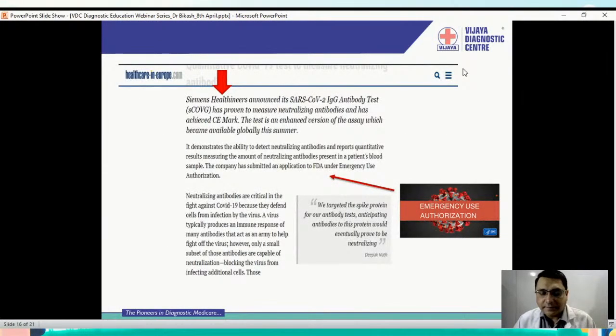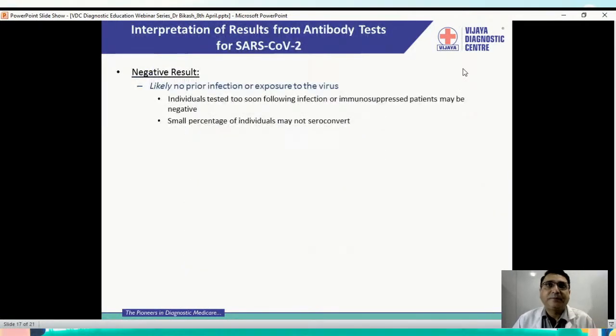Developing a good assay normally takes quite a while, but because of the pandemic status right now, the US FDA has given emergency use authorization first to certain multinational companies to have their assays run in laboratories for the detection of these antibodies. In the USA, the FDA is the authority. Even in India, the local authorities have approved some of these assays, which we are currently doing.